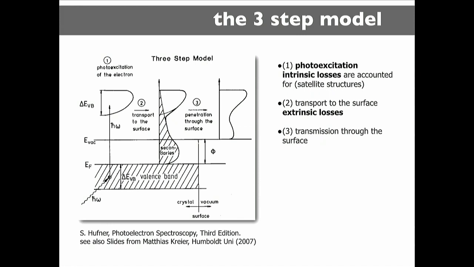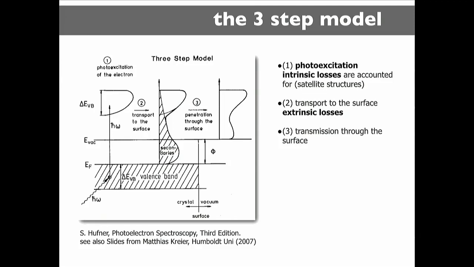Then you have this electron moving throughout the system, and by doing this it can have other mechanisms of energy loss, pretty much as in energy loss spectroscopy. So an electron moving throughout a system loses energy, further exciting the system itself, and then you go through the surface, and the electron is ejected into vacuum.